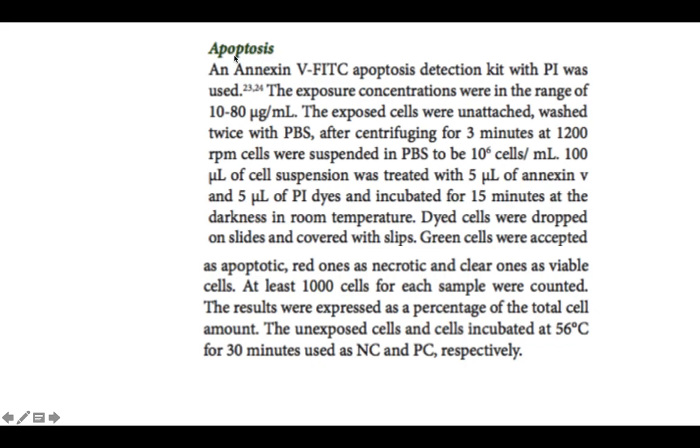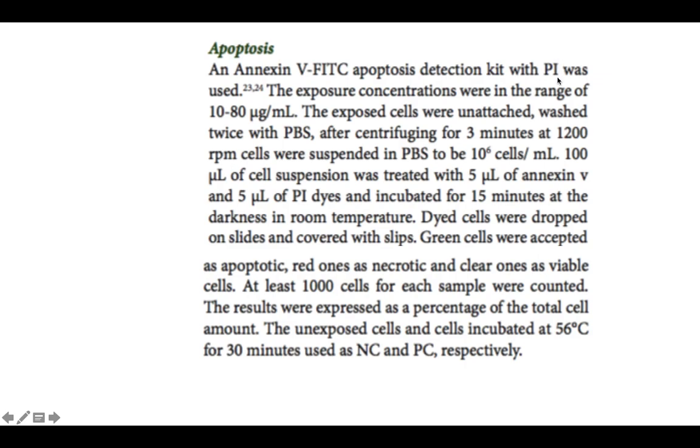Usually the title is specific, for example, measurement of apoptosis. And then an Annexin V apoptosis detection kit with PI was used. This is one example of how they use verb three and was, so it is passive voice.